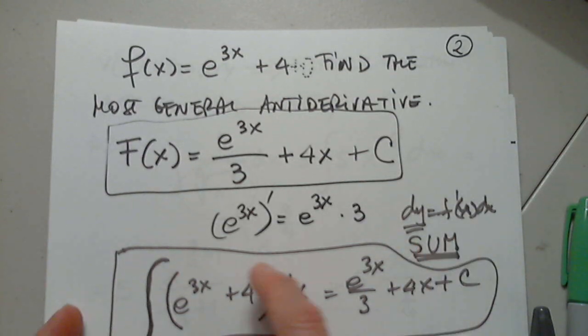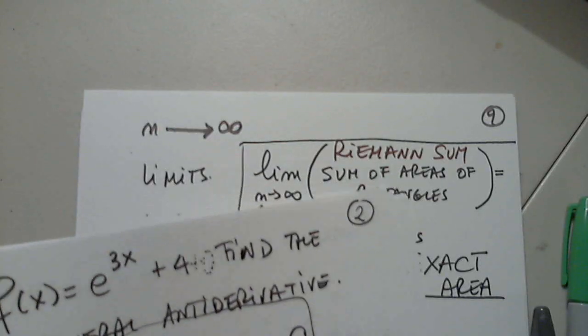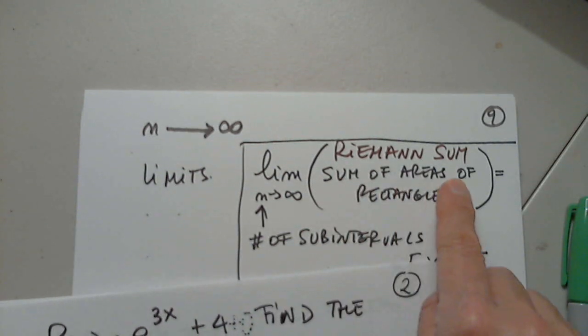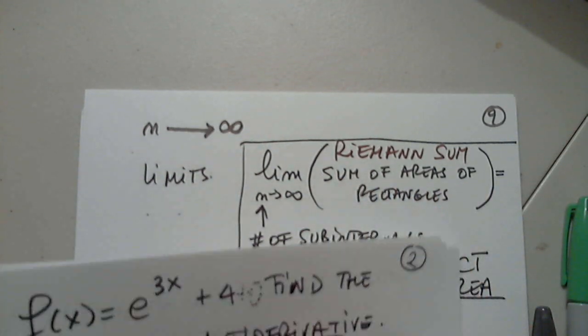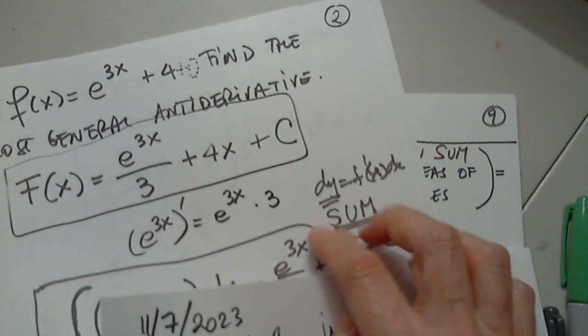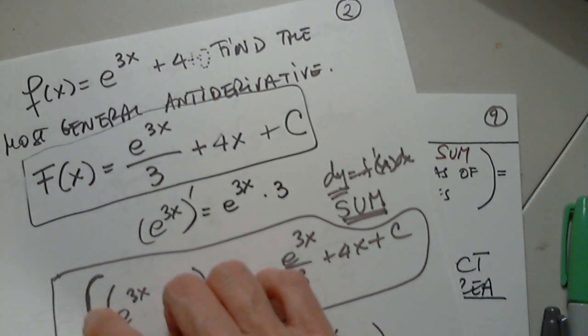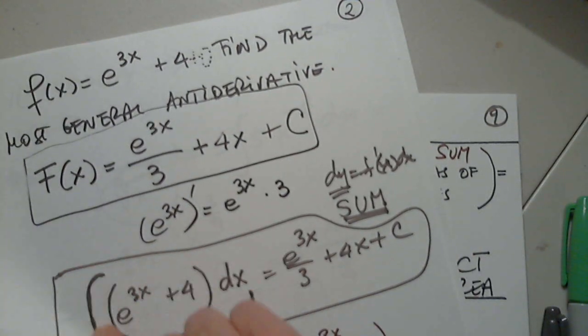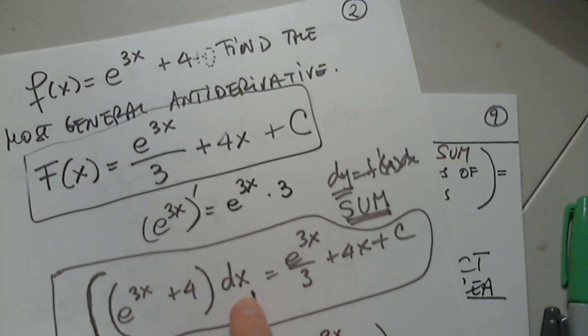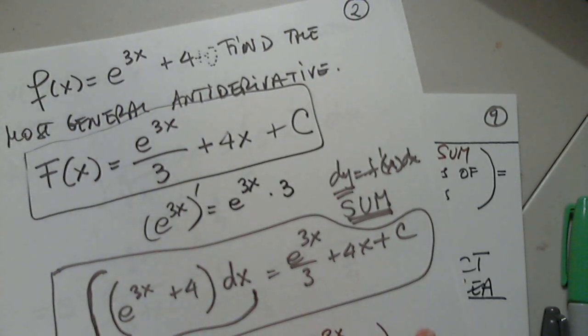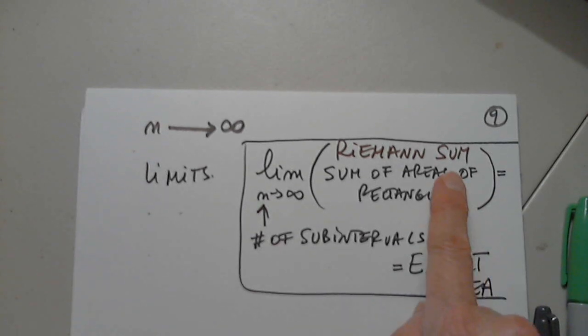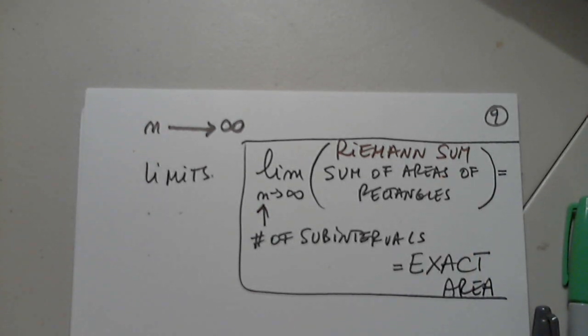And this is the sum. The sum is the sum of the areas of rectangles. That's why we use the stretched S, because it's easier to put in the stretched S the function and dx. That's the only reason. And now you kind of understand where that S is coming from. It's a sum of areas.